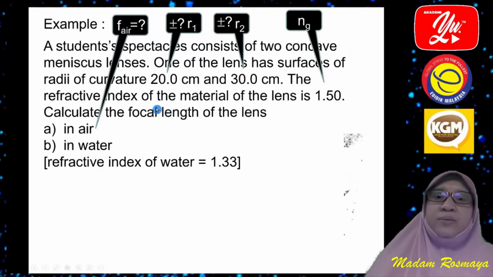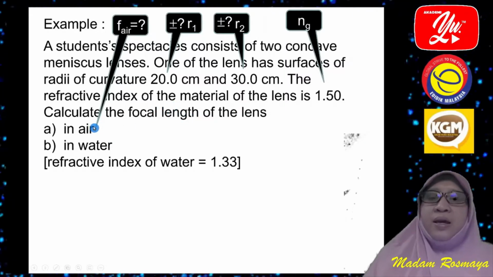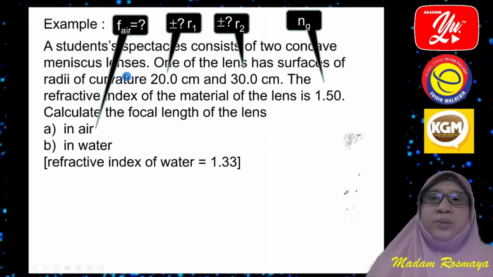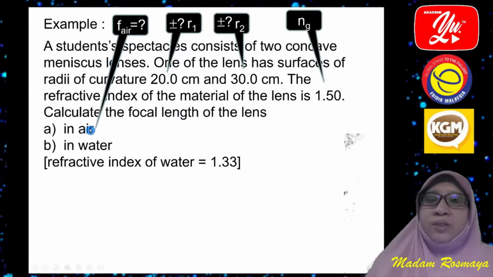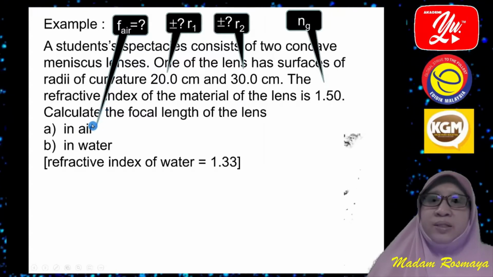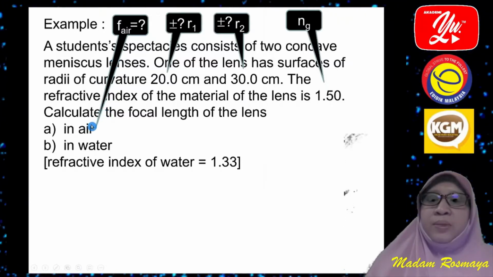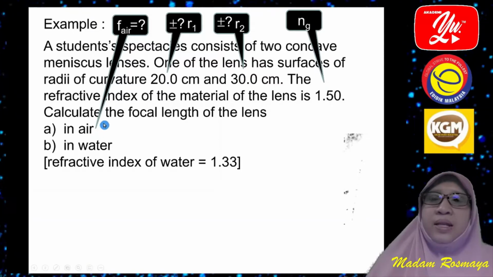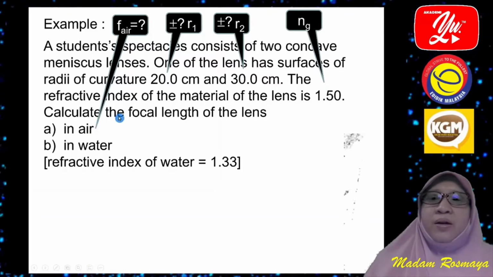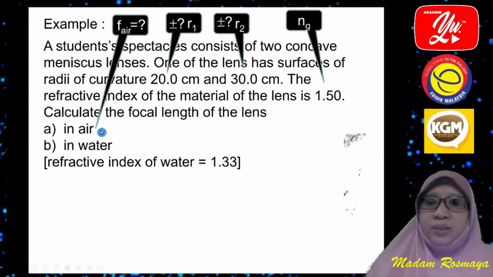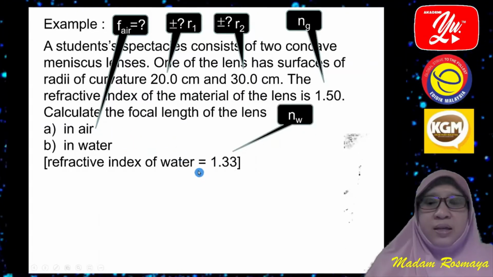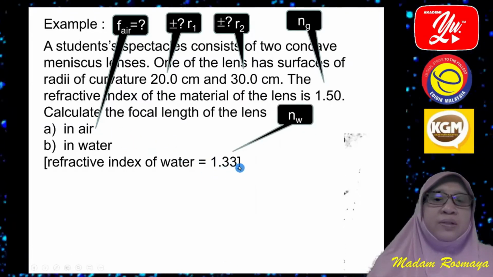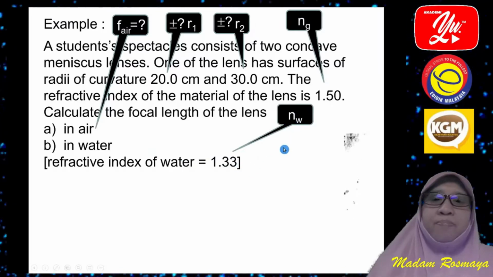So we are going to determine the focal length of the lens of the student's spectacles in air, before the student goes into the water. We do the first question first. The refractive index of water is given as 1.33.